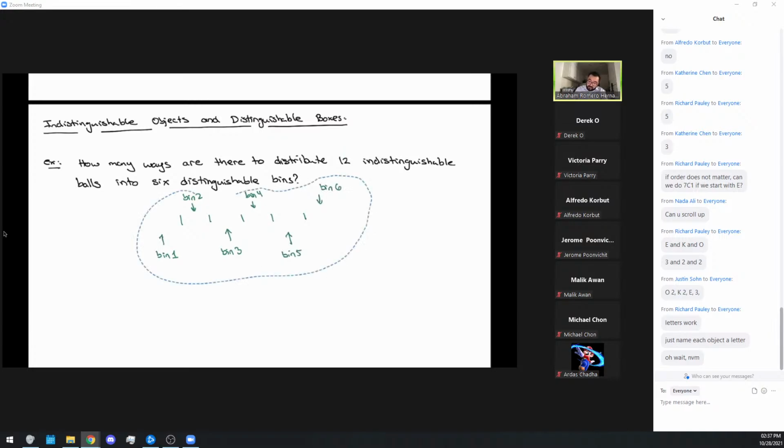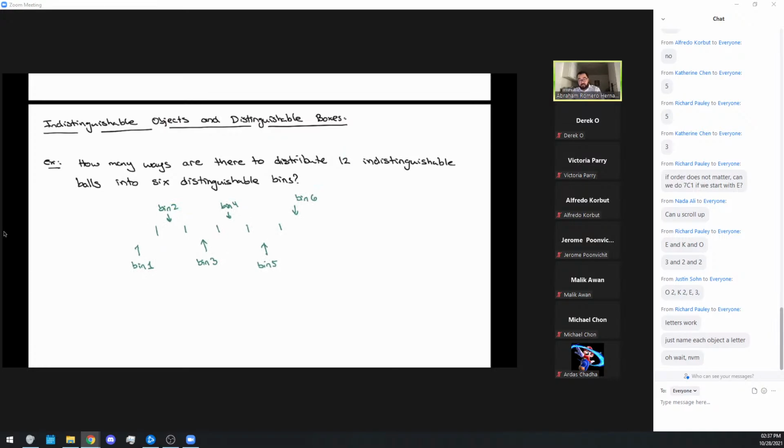But in the end, you're placing 12 indistinguishable balls into these bins. So I could have 6 balls in the first bin. I could have 2 in bin 3, that's 8. So I could have 1 in bin 6, 9. 2 in bin 2, 10. And 1 in bin 5, 11. So 1, 2, 3, 4, 5, 6, 7, 8, 9, 10, 11, 12.